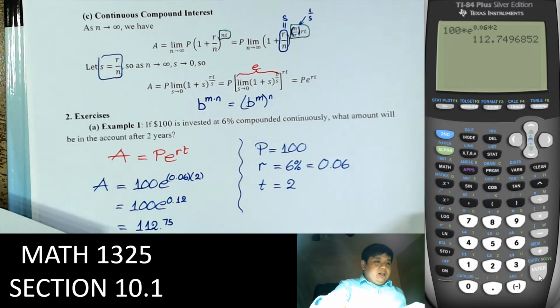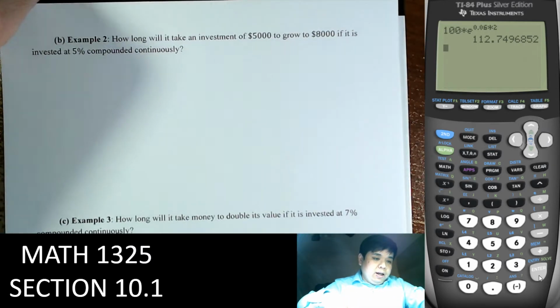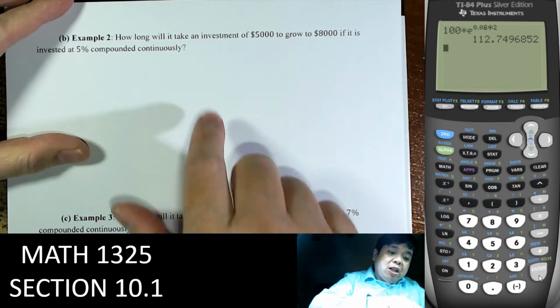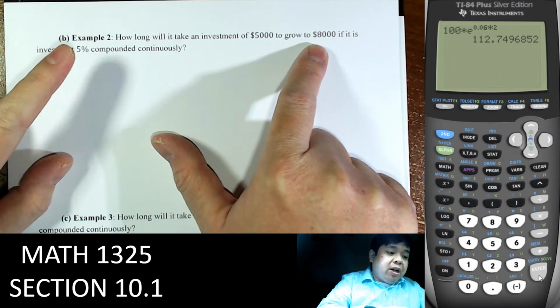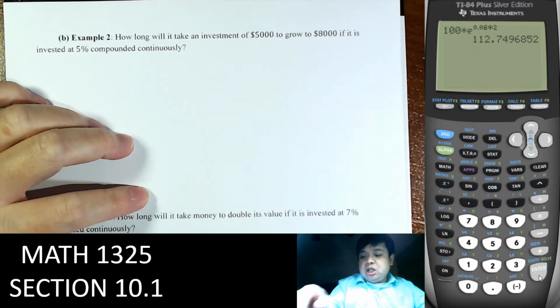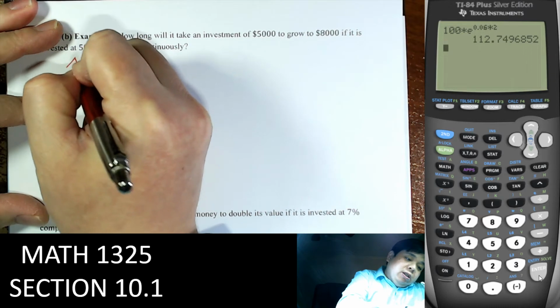Right, let's look at a couple more examples. How long will it take an investment of $5,000 to grow to $8,000 if it is invested at 5% compounded continuously? Once again, we start with the formula.